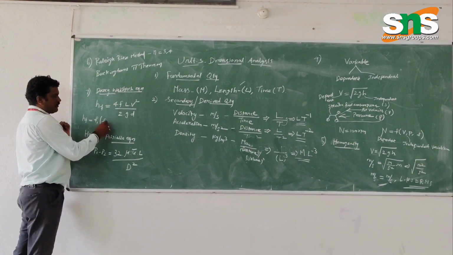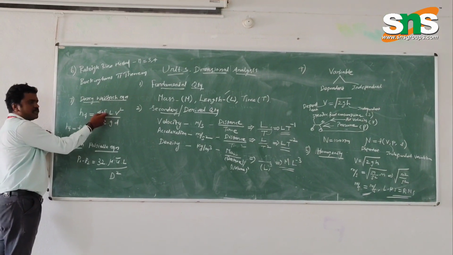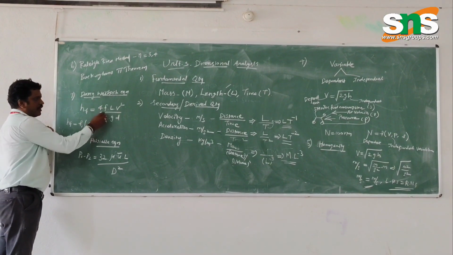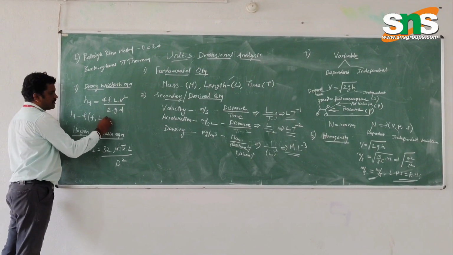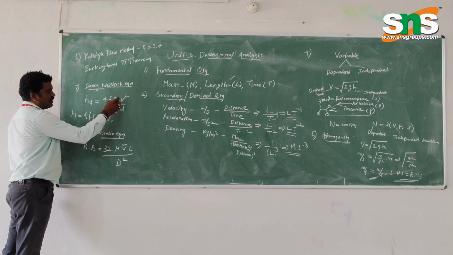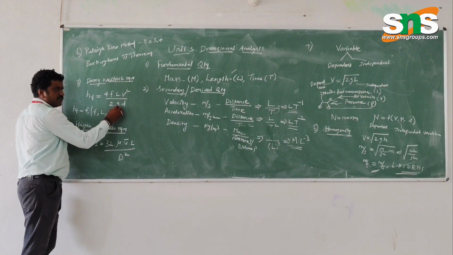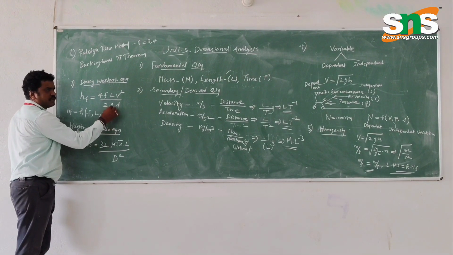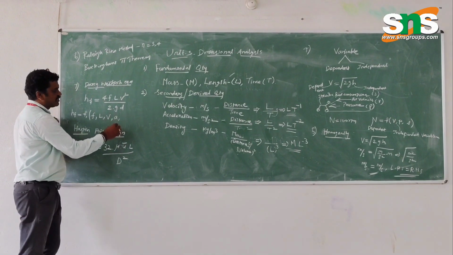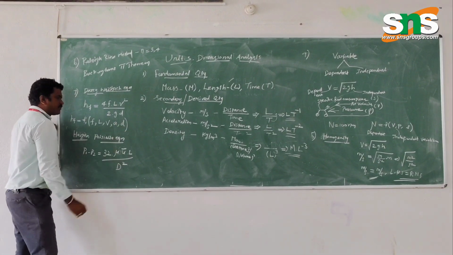What are the independent variables in this equation? First is the friction factor f, then length, then velocity, then acceleration due to gravity, and the last one is diameter.